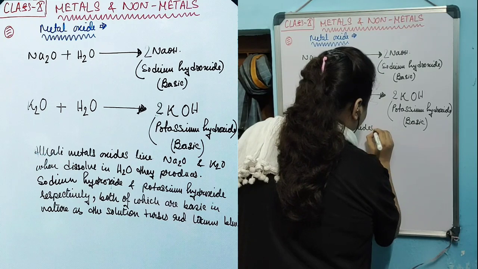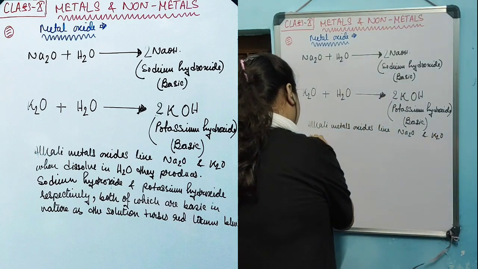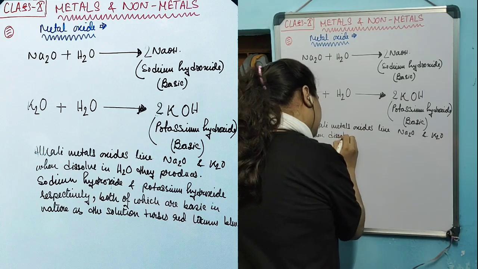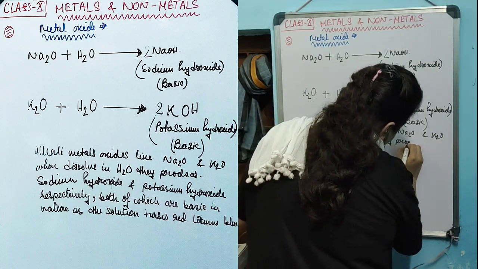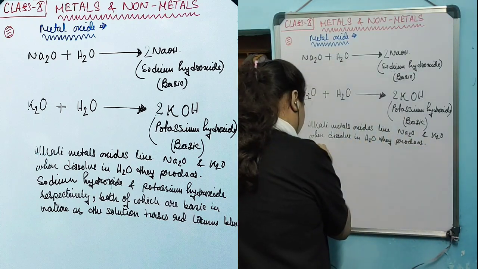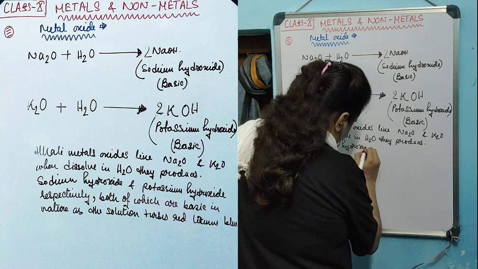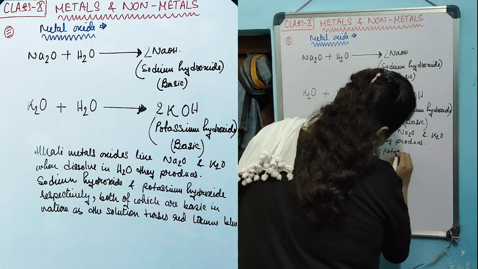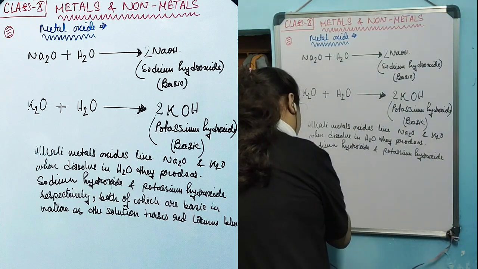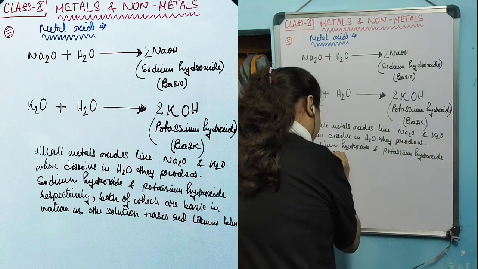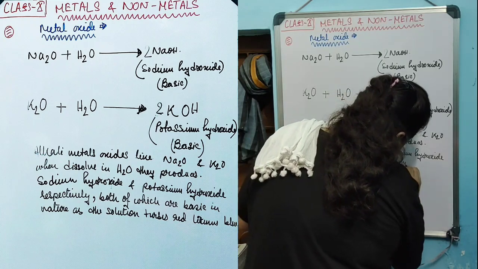Alkali metal oxides like Na2O and K2O, when dissolved in water, produce sodium hydroxide and potassium hydroxide respectively, both of which are basic in nature.